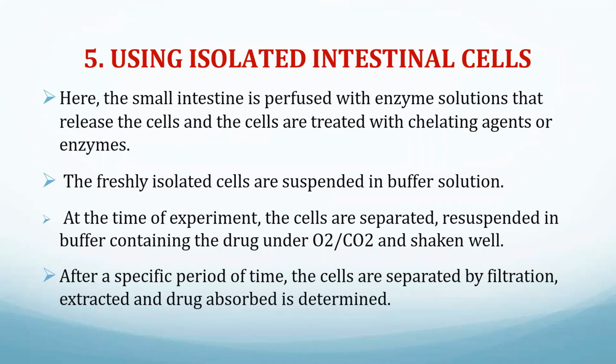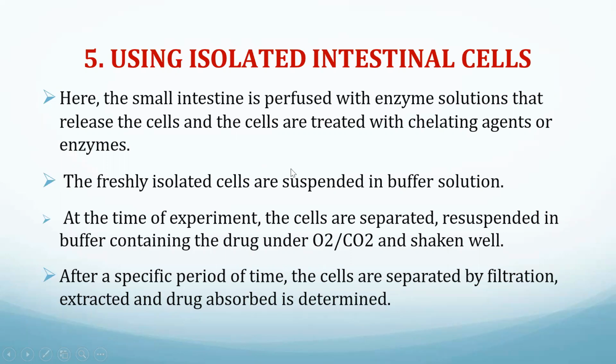Next one, isolated intestinal cells. In isolated intestinal cells, the small intestine is perfused with an enzyme solution. After perfusion with the enzyme solution, the cells are released. Next, these cells are treated with chelating agents or enzymes. After isolation, the cells are suspended in a buffer solution.